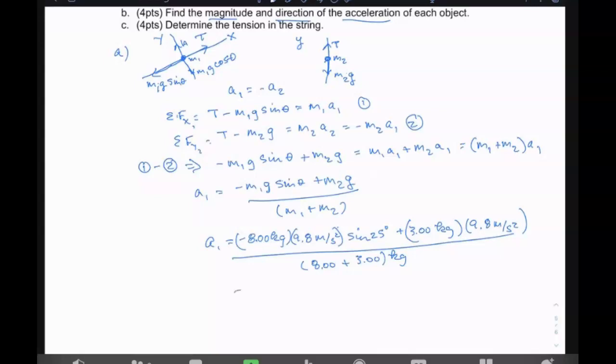And when we put these numbers in our calculator, we see that the answer is a1 is equal to minus 0.339 meters per second squared.